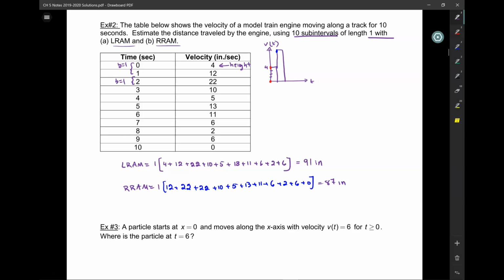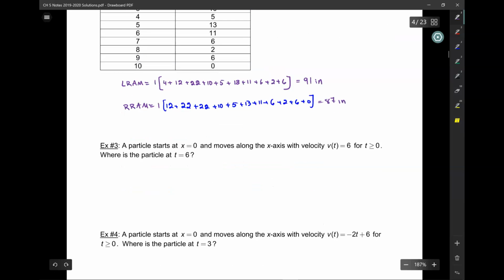So, next. A particle starts at x equals 0 and moves along the x-axis with a velocity of 6 for t greater than 0. Where is the particle at t equals 6? Right? So, take a look at this.